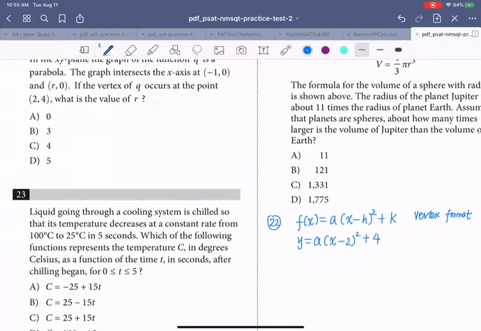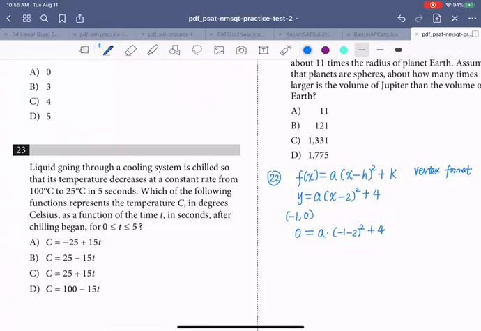Now next, you pass through (-1, 0), right? So you make your y equal 0, and then you do a times (-1 minus 2) squared plus 4. That's right. So this gives you 0 equals 9a plus 4. -3 squared is +9.